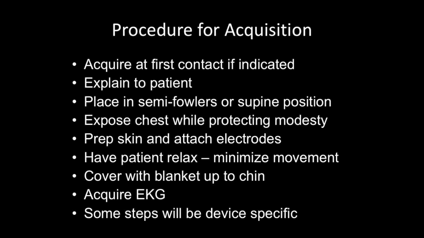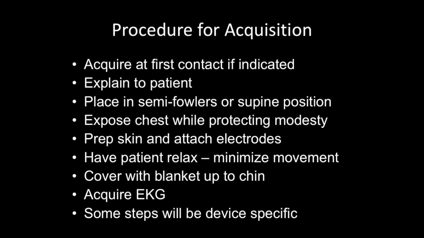Okay. You want to have the patient relax. So this is one thing that I added to this. Why do I want to cover him up to the chin with a blanket? Even if you can't see it, the patient may be shivering.